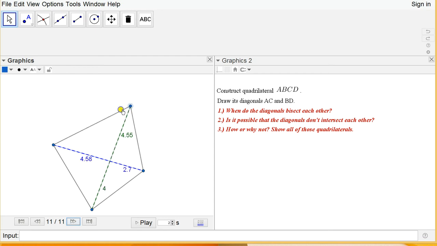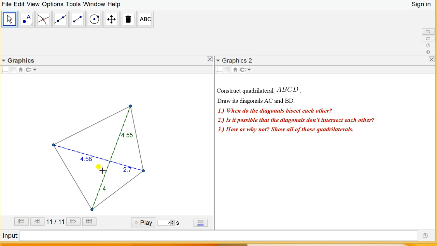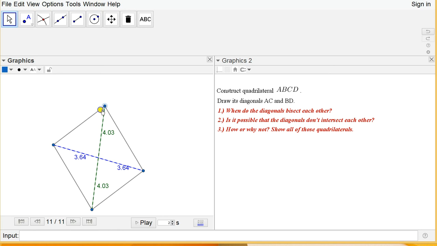But now the problem or the question is, when they find some other cases, they realize, oh, it's not bisecting each other. And at a certain moment they found, oh, I got the bisecting case. But does this figure give some guidance or hints to our students?